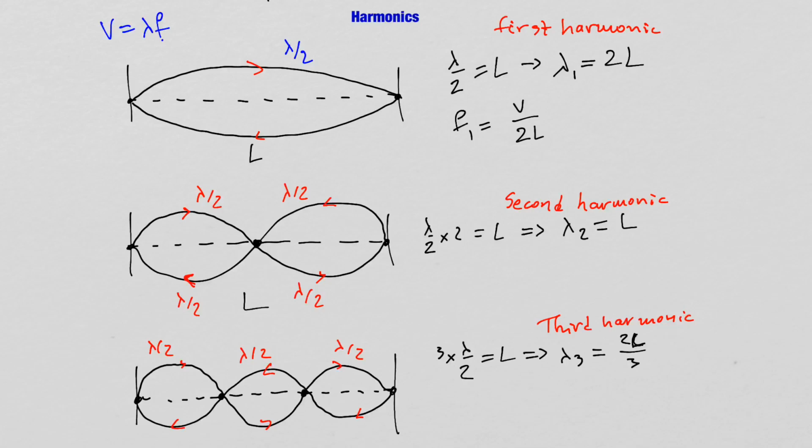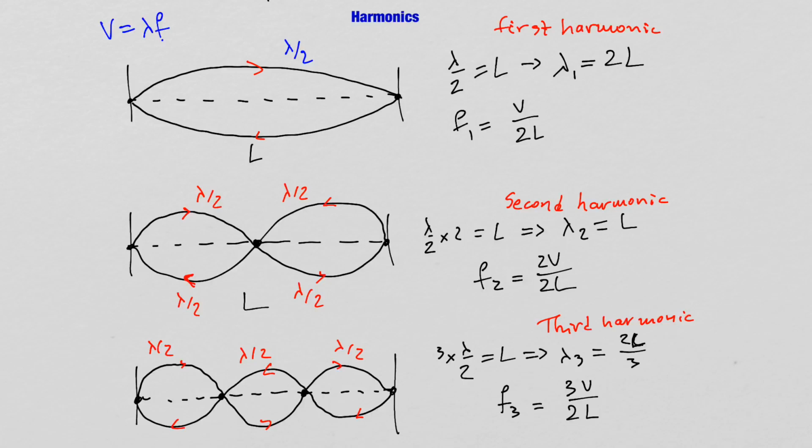For the second harmonic frequency F2, I get that this is equal to V divided by L, but I'm going to write it as 2 times V divided by 2 times L. The reason is that I will then generalize the rule for the frequencies based on these values. For the frequency of the third harmonic F3, I'm going to write this as 3 times V divided by 2L.